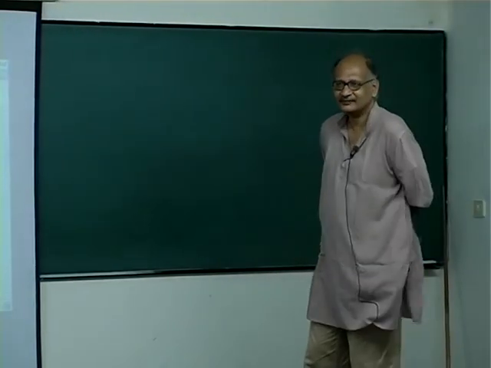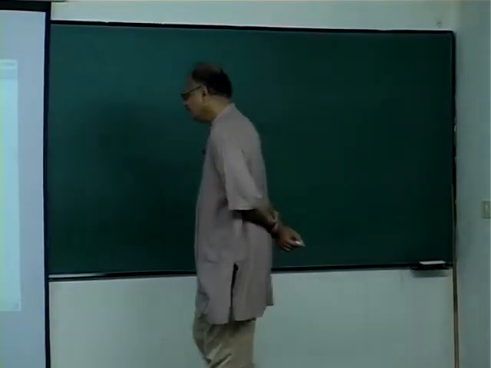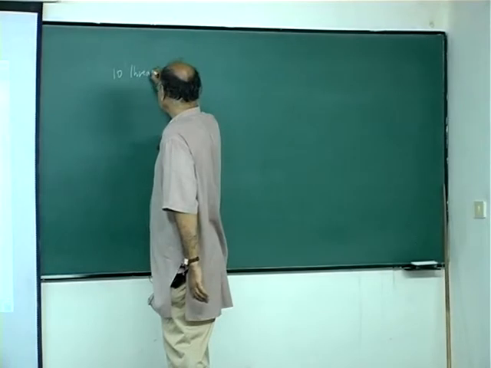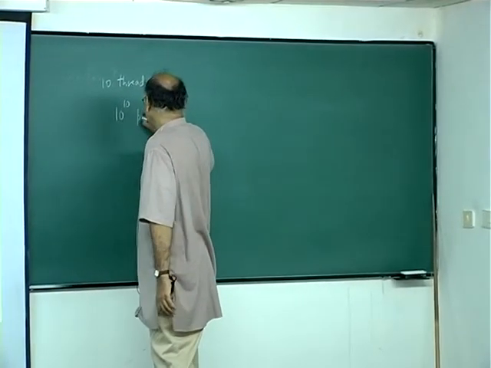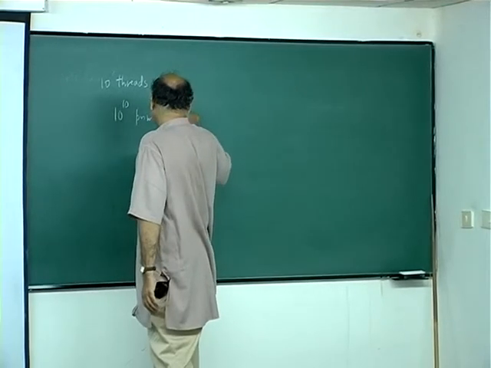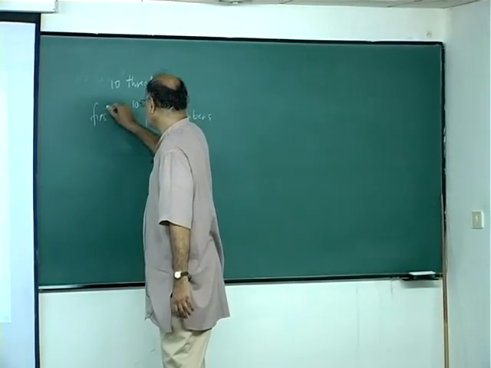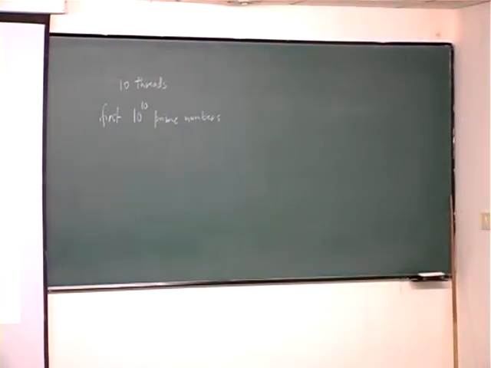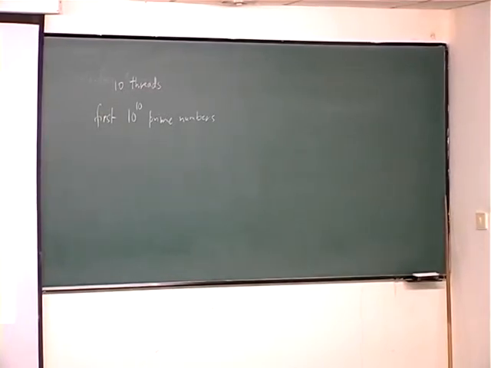So you have 10 threads, and you want to find the first 100 million prime numbers. I don't know why your boss wants this, but let's suppose so.